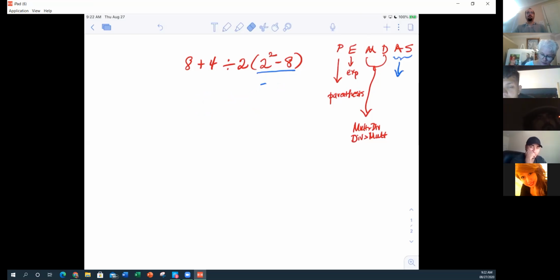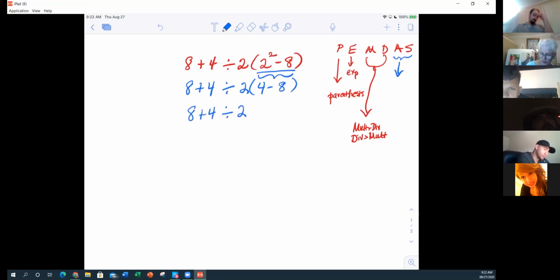Okay, so what we have is 8 plus 4 divided by 2, and now I'm doing the parentheses, so that's going to be 4 minus 8, right? And now I have 8 plus 4 divided by 2, and 4 minus 8 is -4.